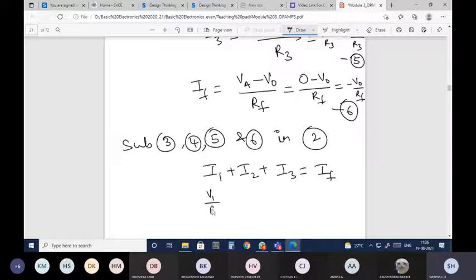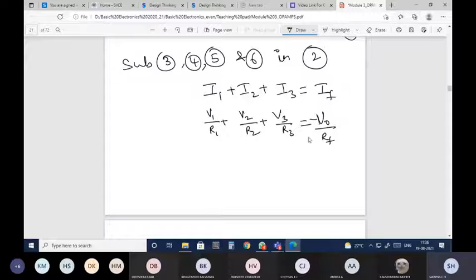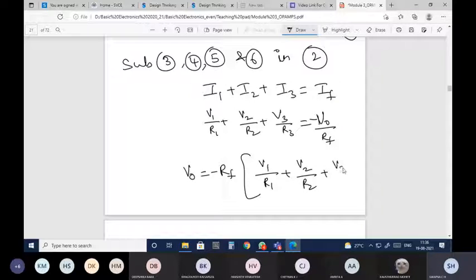I1 is nothing but V1 by R1, I2 is nothing but V2 by R2, I3 is nothing but V3 by R3. That is equal to IF, and IF is nothing but minus V0 divided by RF. So again you rearrange. I'll take minus RF to the other side. So V0 is equal to minus RF into V1 by R1 plus V2 by R2 plus V3 by R3.